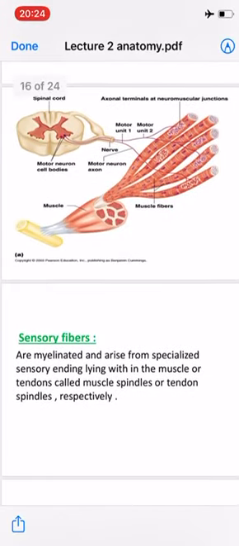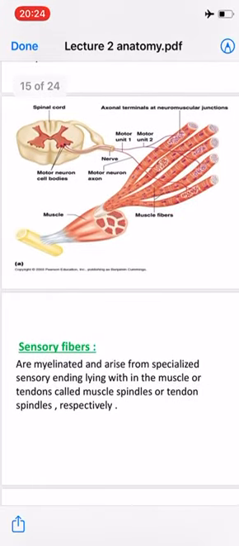And this figure shows how the motor neuron derived from the anterior gray horn of the spinal cord and how it attaches to the muscle and the motor end plate.